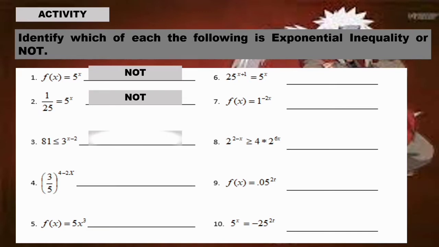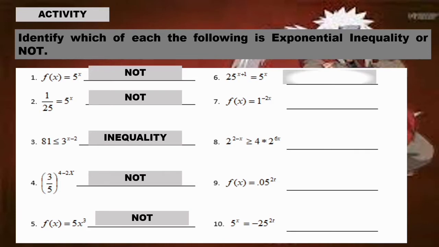How about number 3? Okay, that is an exponential inequality. How about number 4? Okay, it's not. How about number 5? Very good, it's not. How about number 6? Okay, it's not because it is an exponential equation. So, not ang sagot natin. How about number 7?